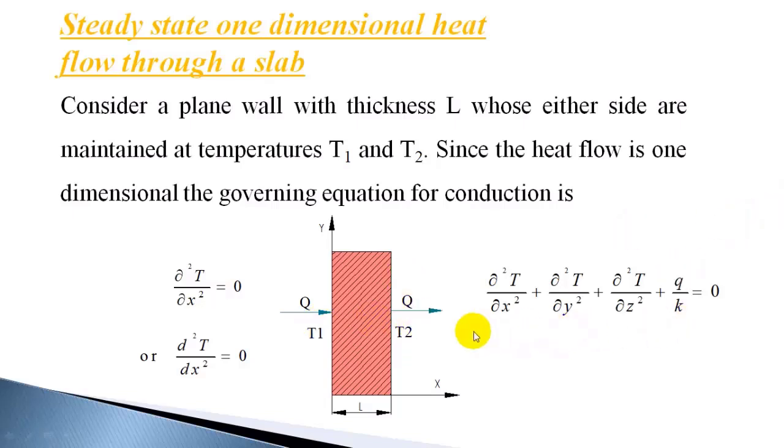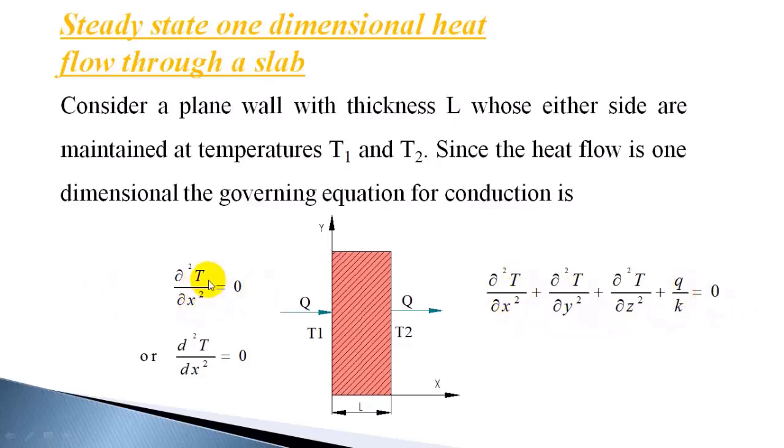From this equation, you can reduce to the one-dimensional heat conduction equation without heat generation. Heat generation is not there, so this term will vanish, and these two terms you can cancel because there is no variation of temperature in the y and z directions. So that gives del square T by del x square equal to 0.